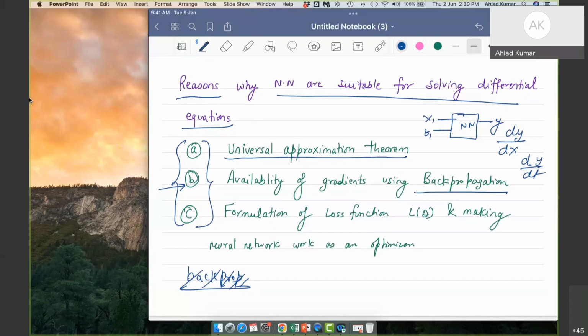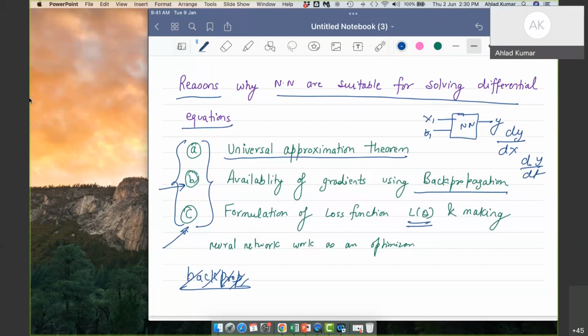And the third one is the formulation of the loss function L theta. This is actually a challenging task, because as I told you, we have three different loss functions in the case of regression and classification. Here, when you are solving differential equations using neural networks, the loss function formulation is a challenging task. Once we are able to find the proper loss function, then we can easily solve the differential equation problem.